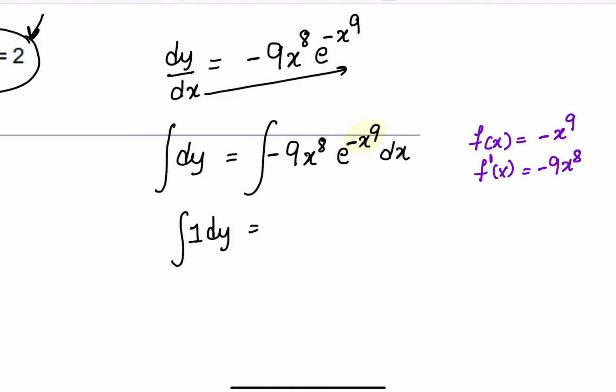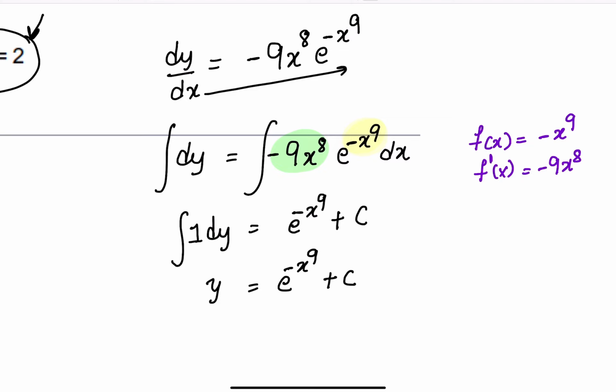So here I have my differentiation and here I have my function. So the integral here is simply going to be, in a different color, e to the power negative x to the power 9 plus c. And here the integral of 1 is y, so y is equal to e to the power negative x to the power 9 plus c.